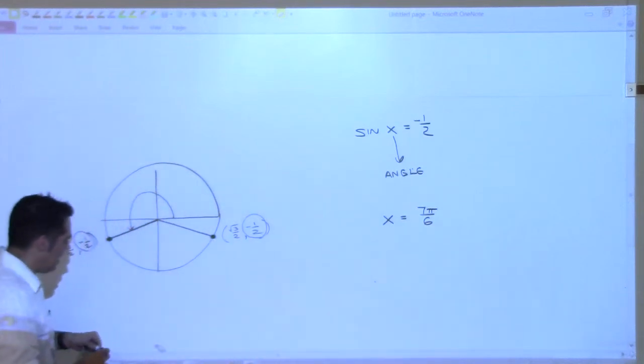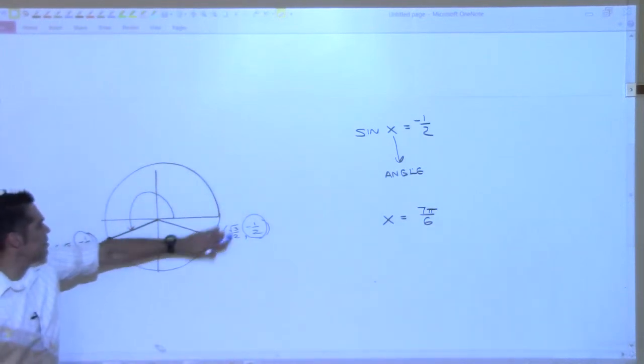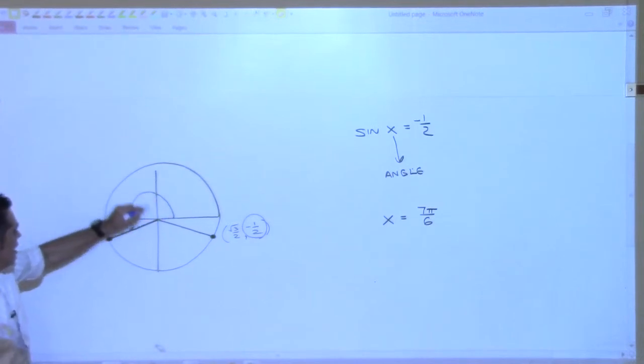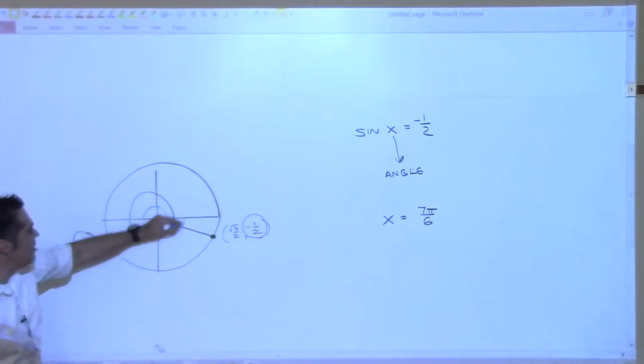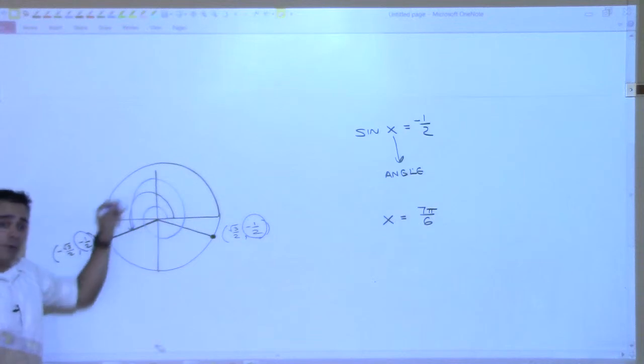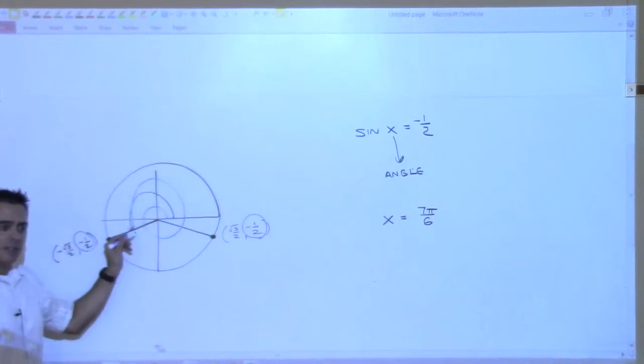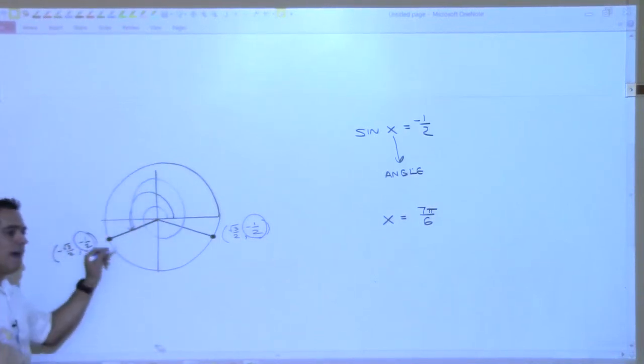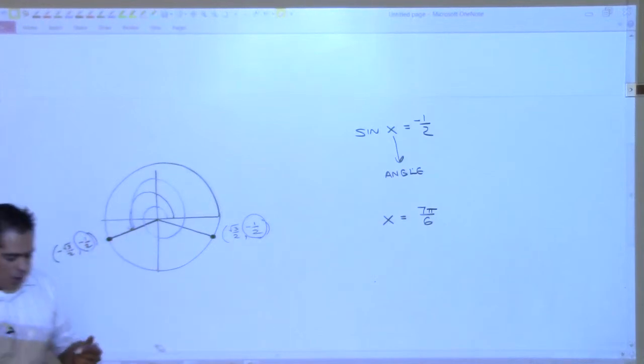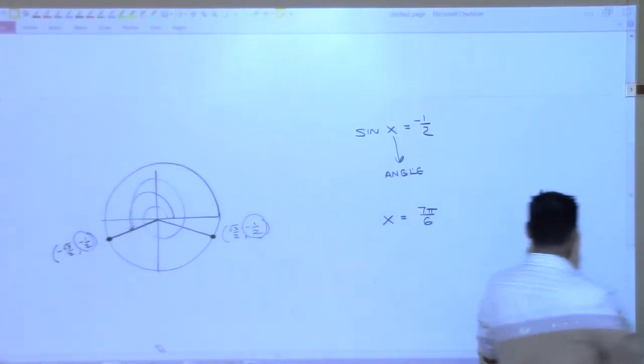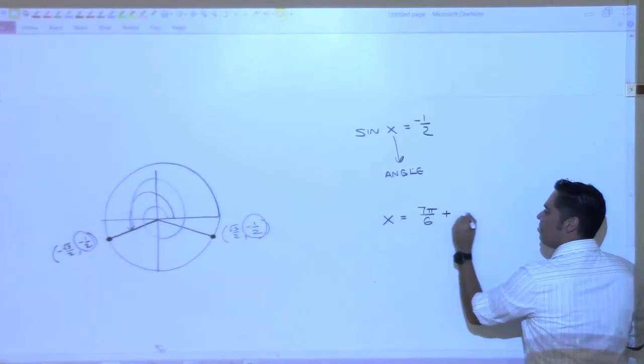But what's another answer I could have had? Ignore the other one for now. I could go around one time and then come all the way back to it. So do one full revolution first, then come back to it. Or what if I did 2 revolutions and then back to it? Or 3.